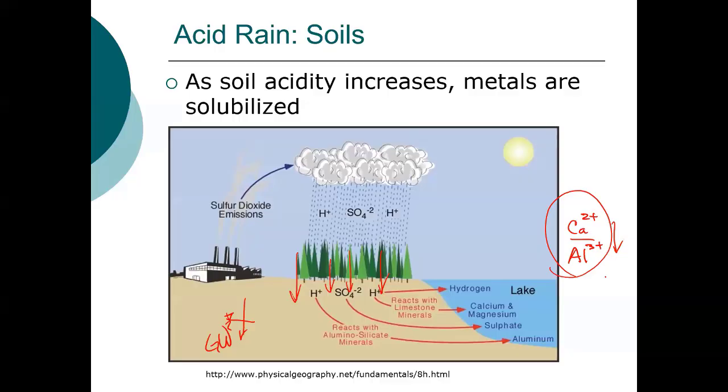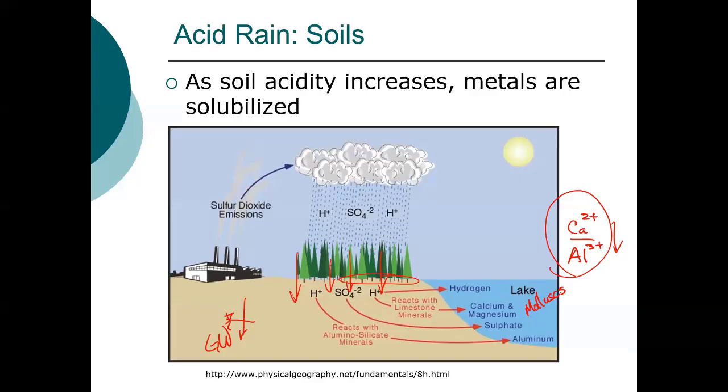So calcium is going to dissolve to a lesser extent than aluminum at the same pH decrease. So you'll see this decrease in calcium aluminum ratios, resulting in a disruption in the nutrient assimilation in this root zone here, or in the uptake of calcium by mollusks in the water body.